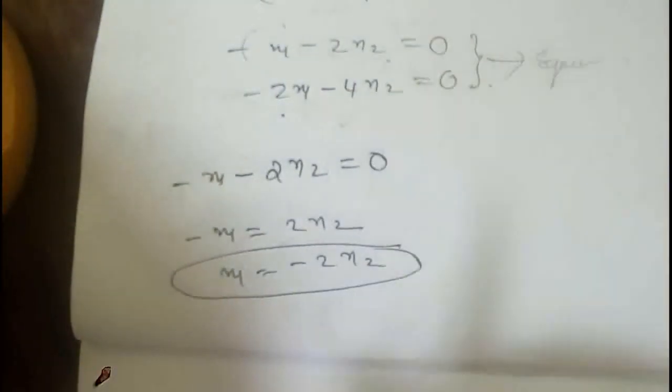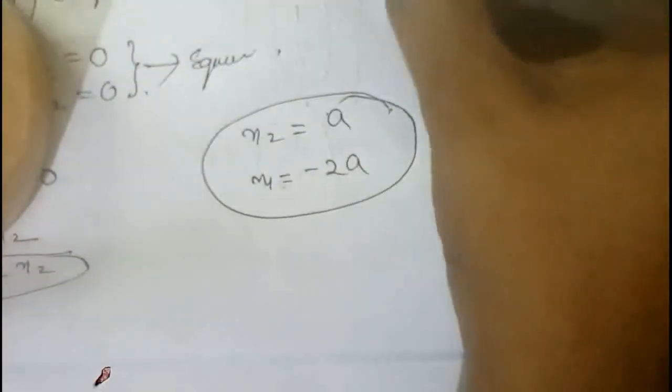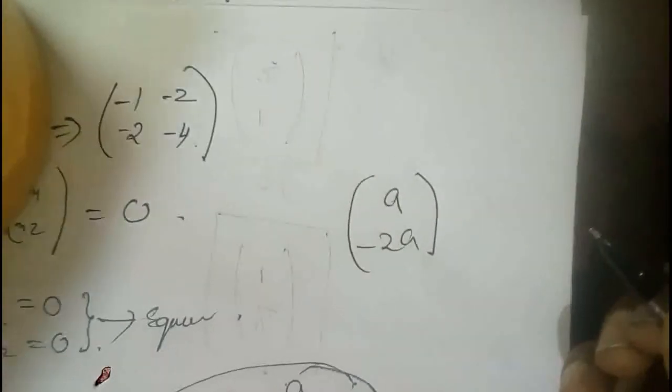So we can write minus x1 equal to 2x2, x1 equal to minus 2x2. Here we have one equation and two unknowns, so we have 2 minus 1 parameters, that means one parameter. I would like to take x2 equal to a. So x1 equal to minus 2a. So minus 2a and a is the solution of the given equations.